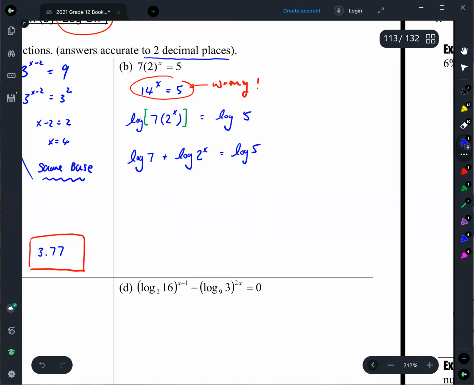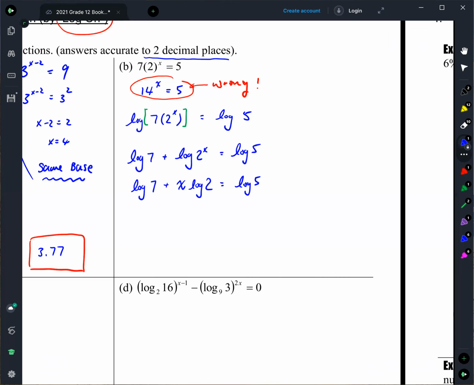Now, once the log base 2 of x, not base of 2, okay, log 2 to the x is alone, then the x can bring down using the log power. Okay, anyone has questions so far?